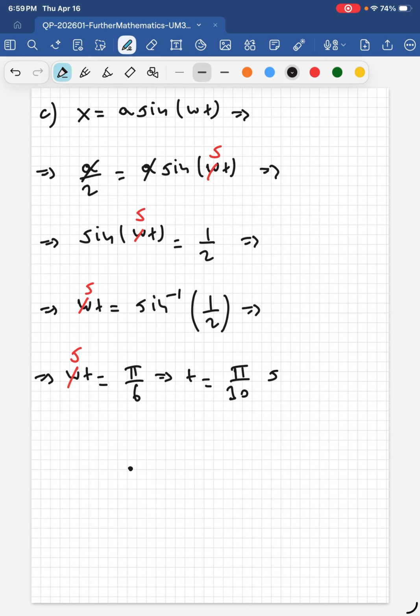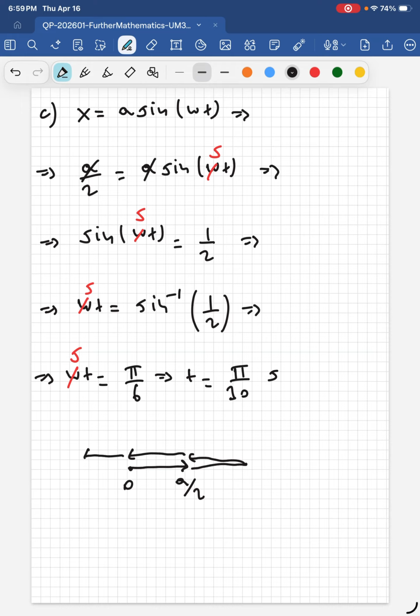Okay, so it will need pi over 30 seconds to go once, and then it will need another time to go back there and come back here, and then it will take another pi over 30 seconds to go back to the origin. Then it's going to take another pi over 30 seconds to go to minus a over 2, right?